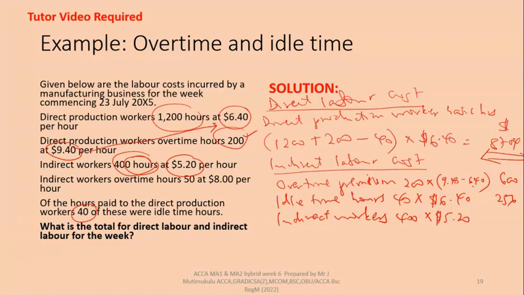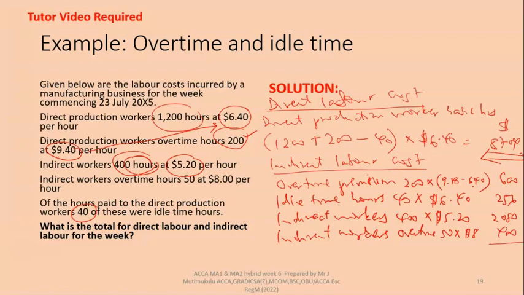If we use our calculator, we must get 2,080. Then lastly, indirect workers overtime hours, 50 at $8. That's 50 multiplied by 8, and we get 400.